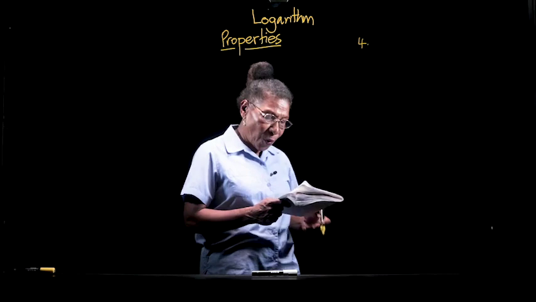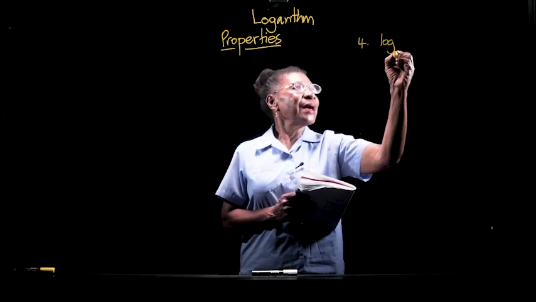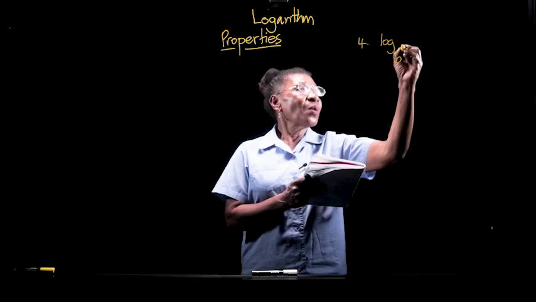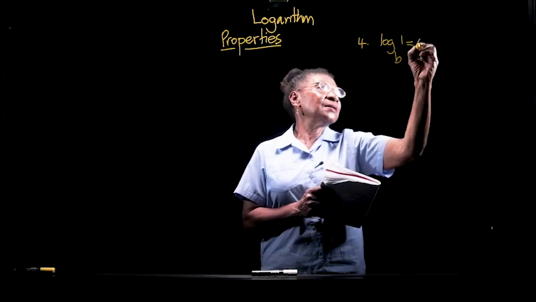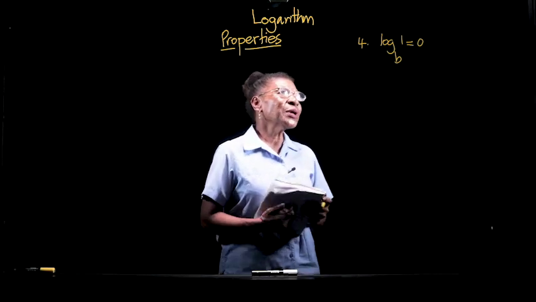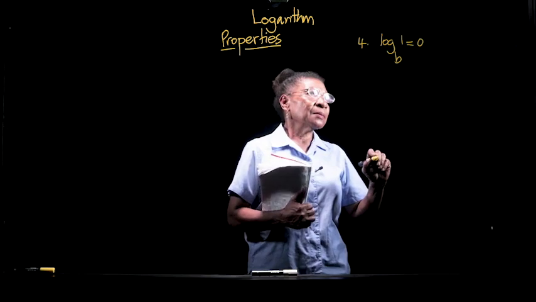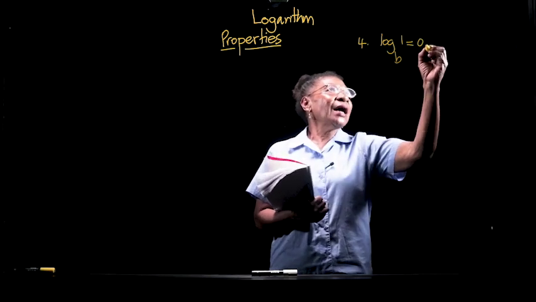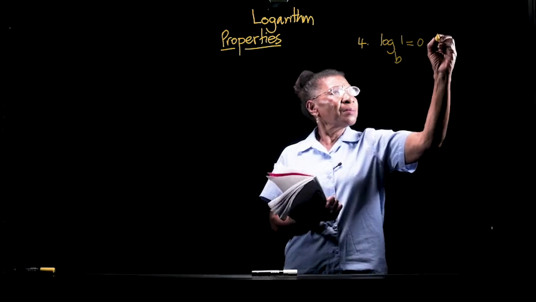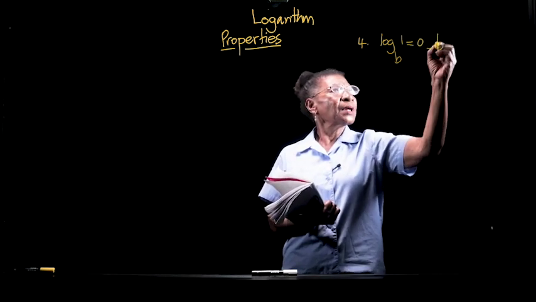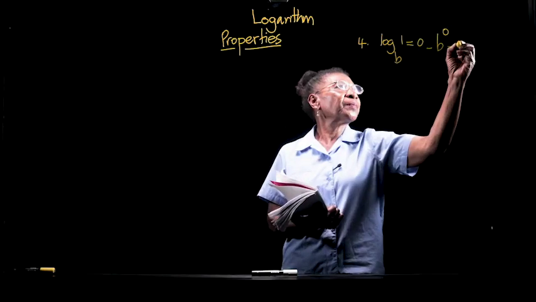In property number 4, we have log base b of 1 is equal to 0. If we were to understand it in an exponential way, it would actually be base b to the power of 0 is equal to 1.